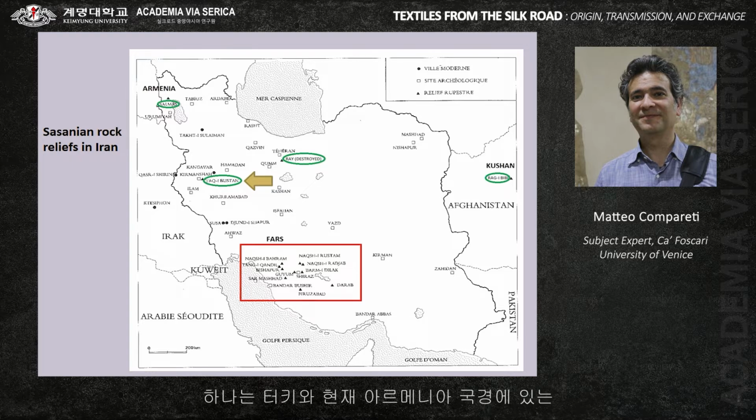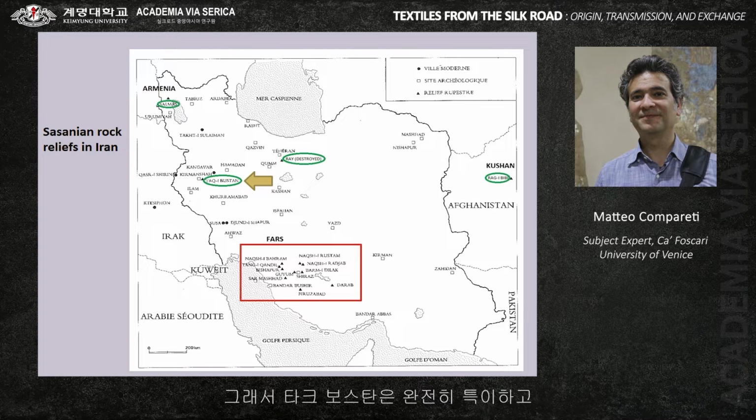And the one in Salmas, which is on the border with Turkey and modern Armenia, and the one in Rag-e Bibi in modern Afghanistan cannot be considered typical Sasanian rock reliefs because they are practically fixing the borders of the Sasanian Empire.